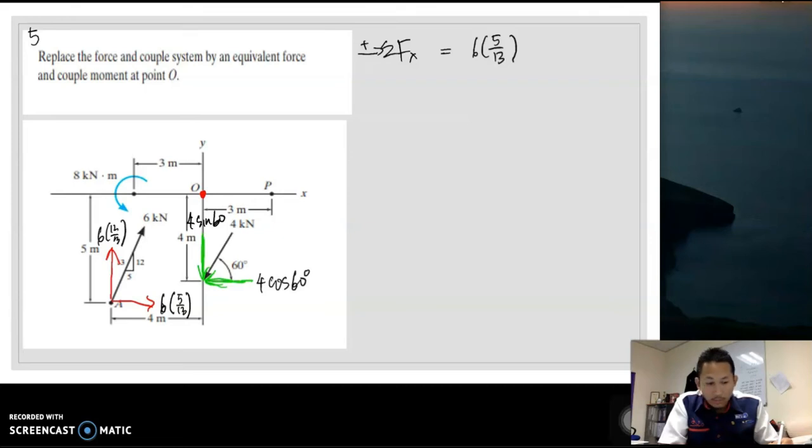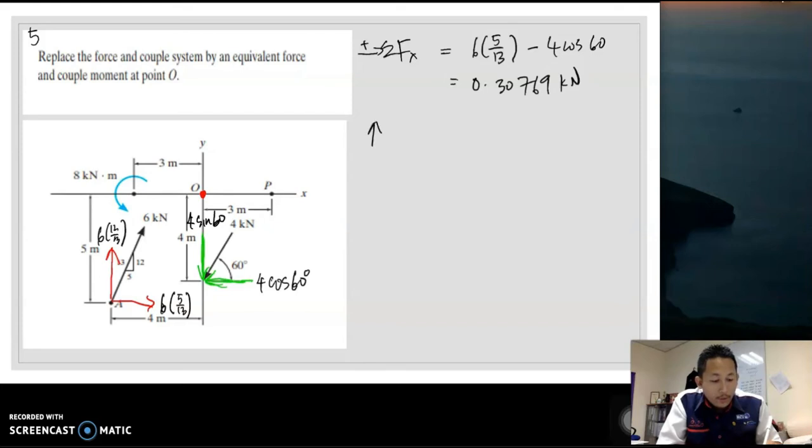Minus 4 cos 60 degree. All right, so we calculate. Use your calculator, and then you can get 0.30769 kilonewton.